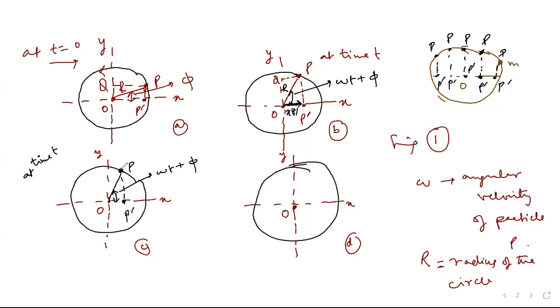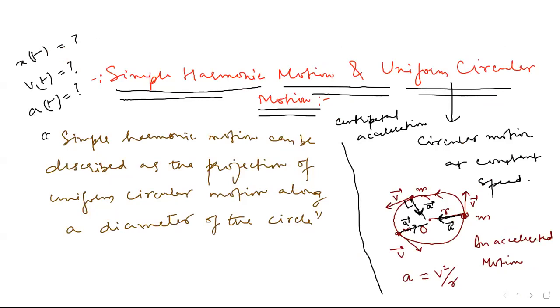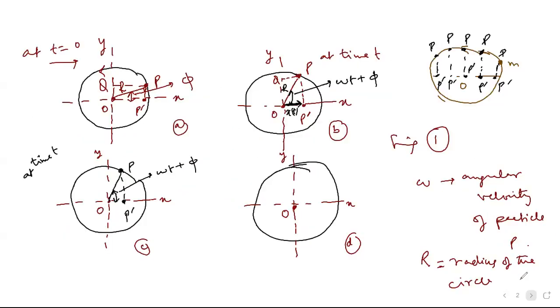And we know in uniform circular motion, as already discussed, the velocity is tangent to the circle at that point. So let us assume this particle is moving in the anti-clockwise sense, this way. If v is the velocity vector of P, it will be tangent this way.